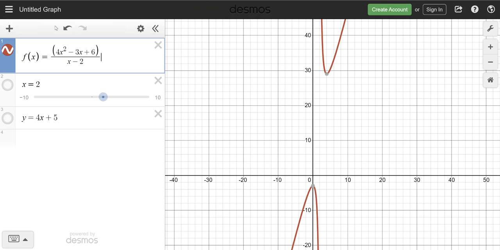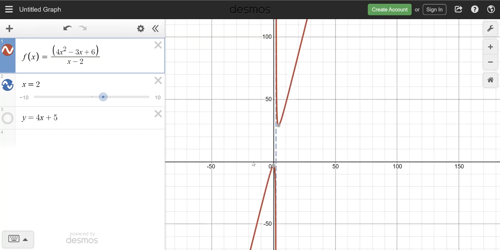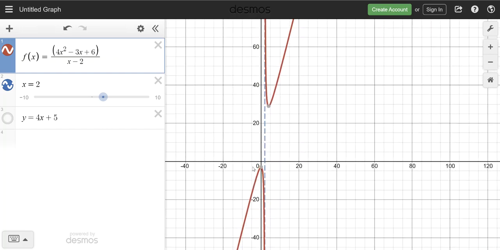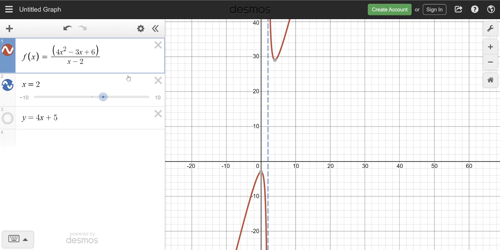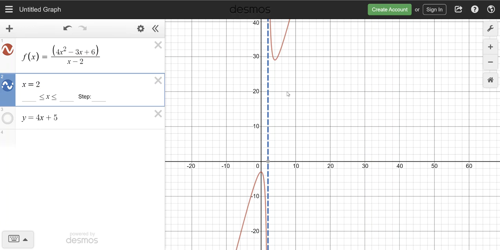Now, if I turn on x equal to 2, I've already put it in here. Notice that is an asymptote. Really? Is it? Yeah. If you zoom out and follow this, you will see that the red line approaches but never touches x equal to 2.